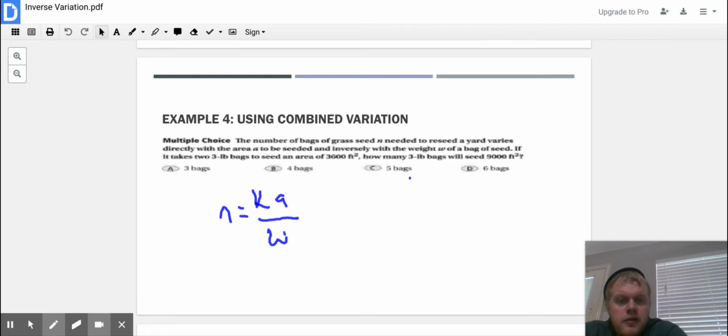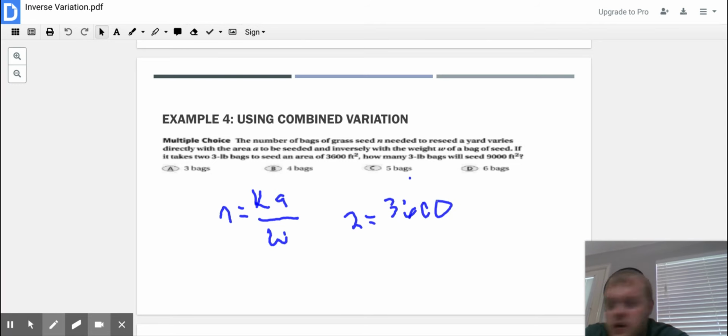Now we're going to plug in what we know. So if it takes 2 3-pound bags, remember the number of bags was our N, so that's going to be our 2. So it's going to be 2 equals, we have the area of 3,600 feet. Remember, area was our A. So it's going to be 3,600.